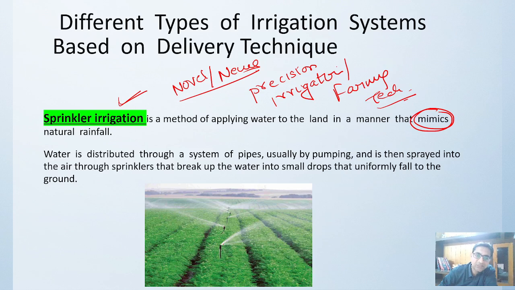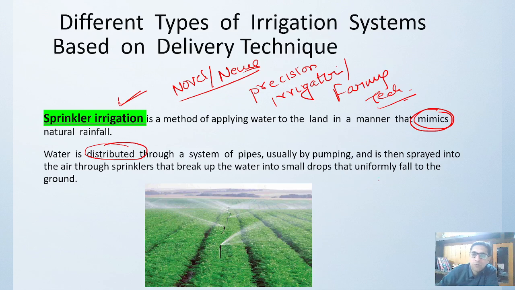You can see these sprinklers are there. They just blow the water like this. If you want to see, you can go to YouTube and find how a sprinkler works. You will see that they just throw the water like this. Okay, so with this you can see that the water will be sprayed in the air.